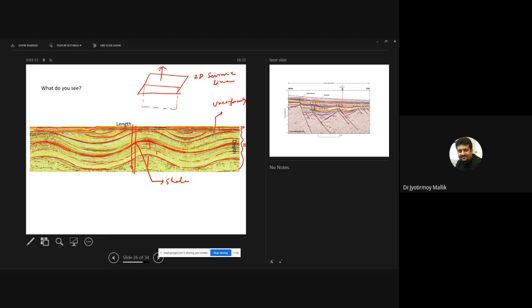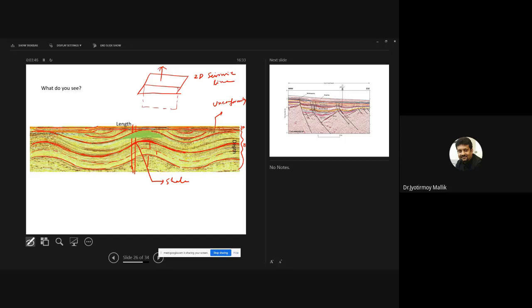Now, if I ask you, where do you expect the oil and gas to be? If I ask you to identify the trap, the trap is perhaps here, in this anticline. And how far will it stay?